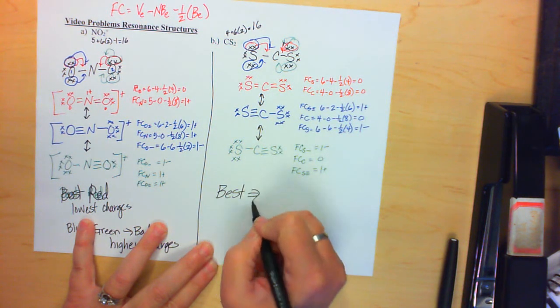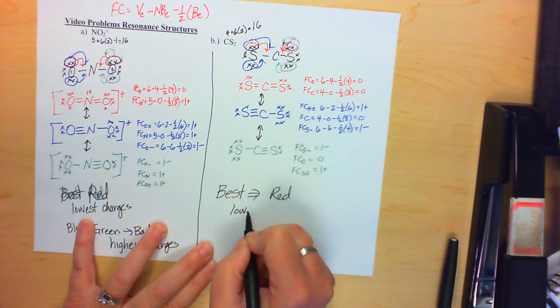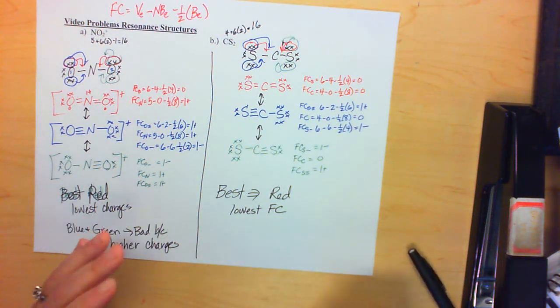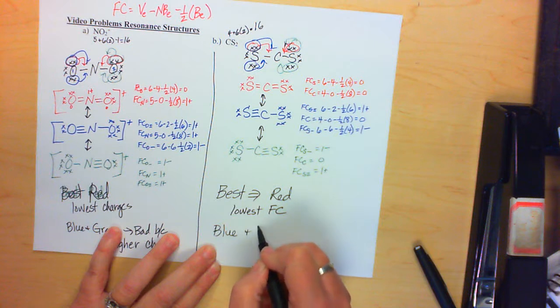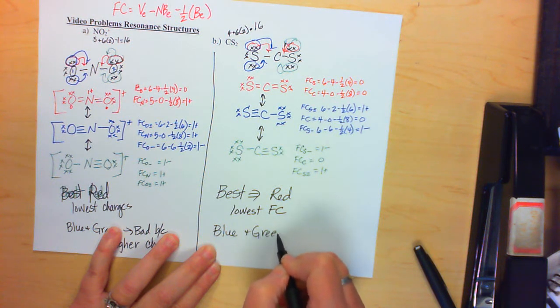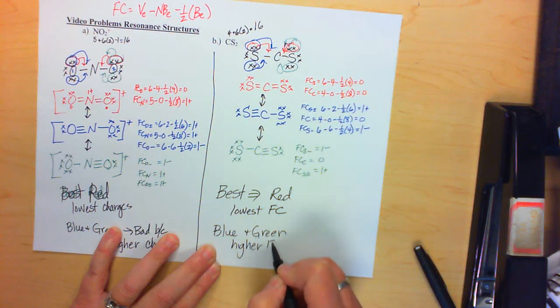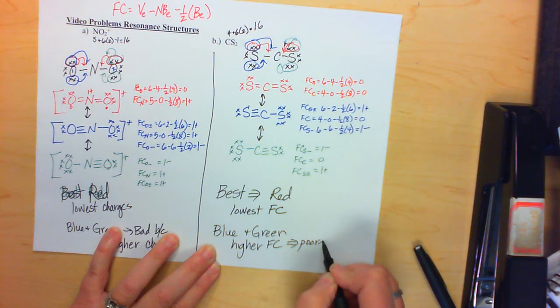The best will be the red one. Why? Because it has the lowest formal charges. Okay, that wins. Blue and green here have higher formal charges, so that makes them poorer structures.